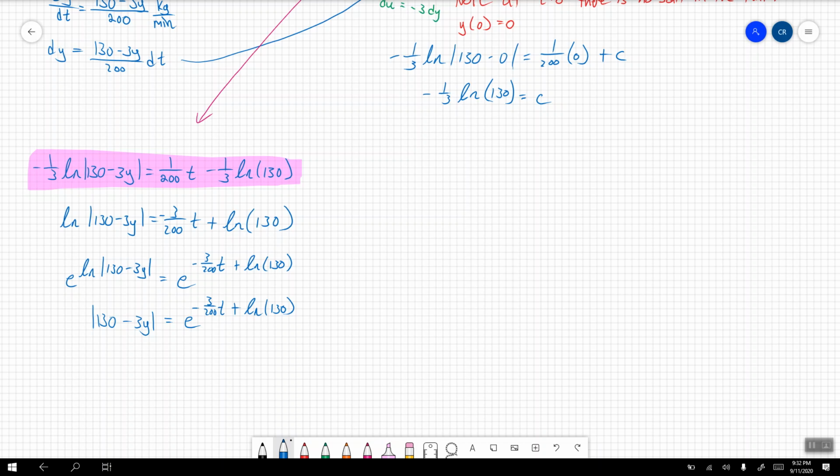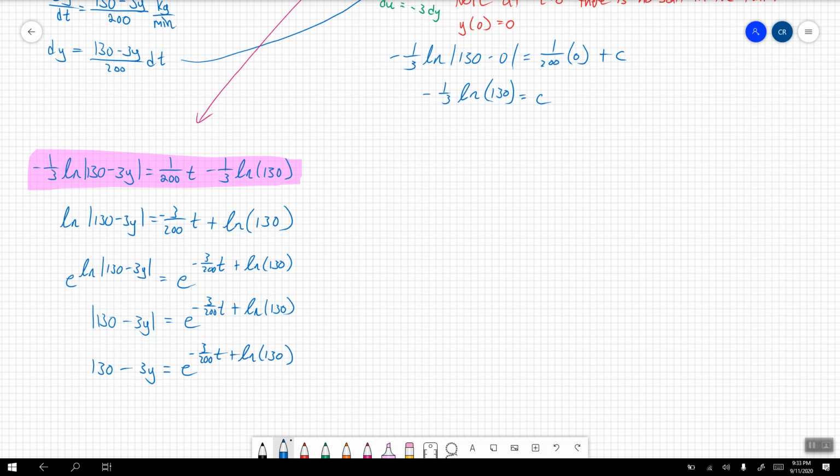In other words, all of these values for e to the power of any variable are positive. So the left-hand side is just 130 minus 3y is equal to e to the power of negative 3 over 200t plus the natural log of 130. And we can keep solving for y.